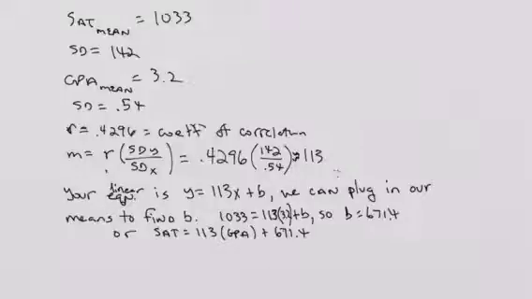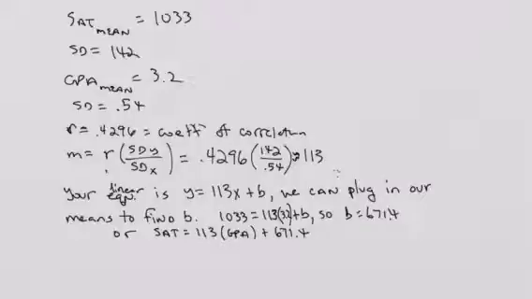Then we get to say that, roughly speaking, if we thought of this as a linear equation, y equals mx plus b, we know m is around 113, and our linear equation is roughly y equals 113x plus b.